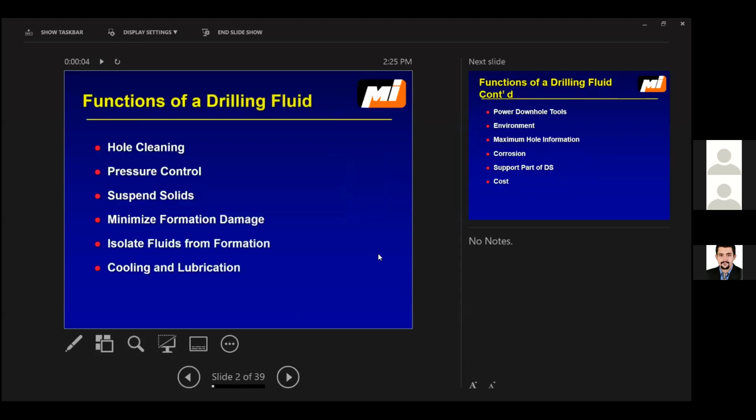As we said, we talked before about hole cleaning and pressure control, suspending solids, minimizing formation damage, isolating flows from the formation, cooling and lubrication. Now I am stating the functions of the drilling fluid, but I will explain later.